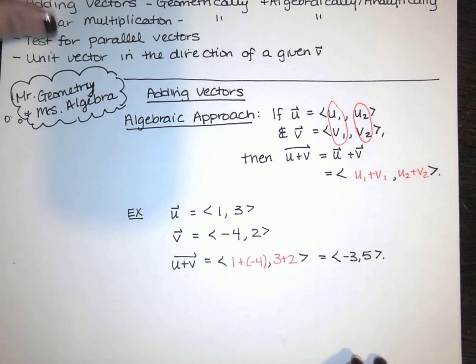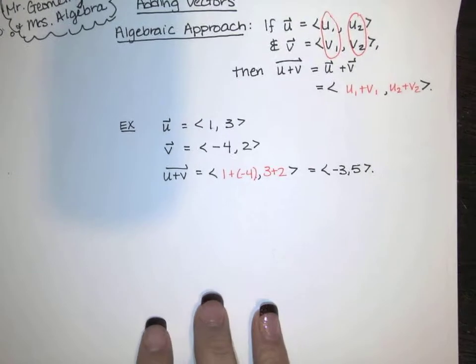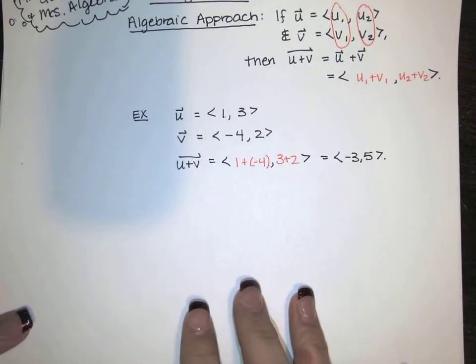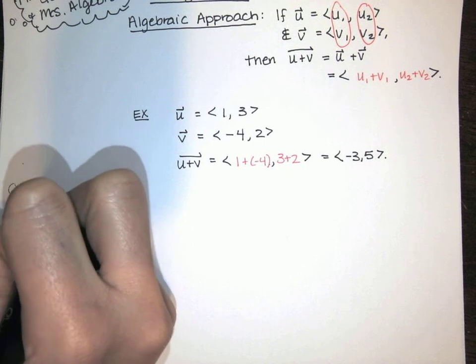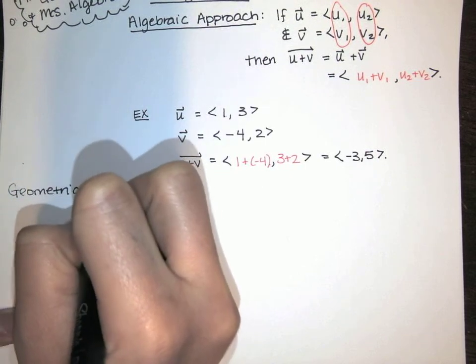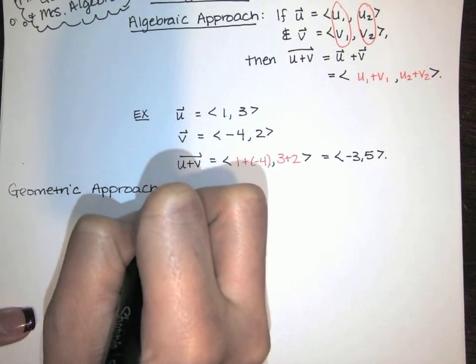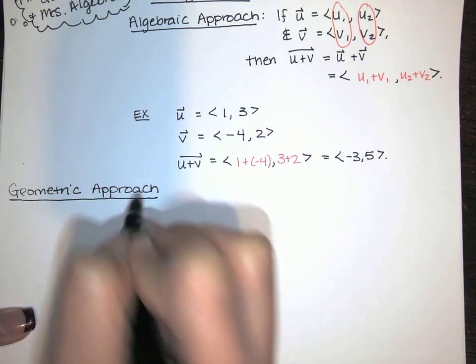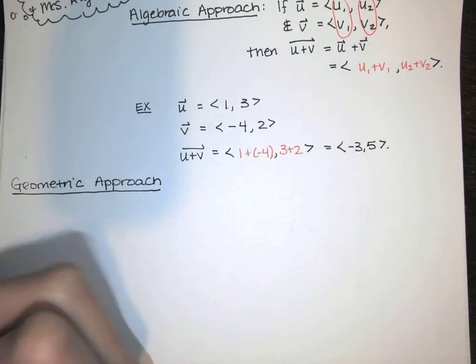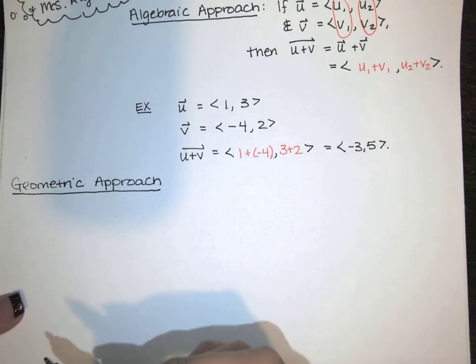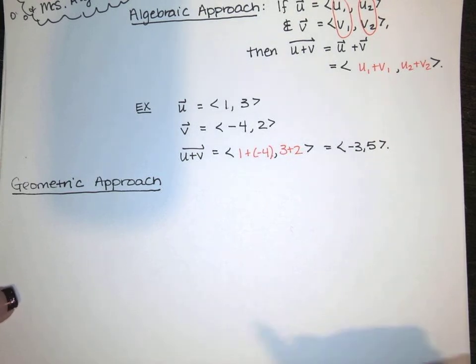Now, the geometric approach seems a little bit more involved, but I actually think it makes a lot of sense. One of the easiest ways to think about it is in terms of displacement. This is just a memory device. It doesn't have to represent displacement, but it could.